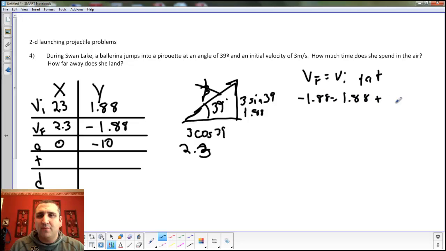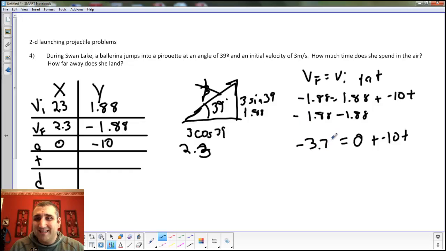We have to subtract 1.88 from both sides. So we should get 0 plus -10t on this side of the equal sign. And -1.88 minus 1.88 should actually give you -3.77. Simplify this out, I can get rid of that little 0. So you really just have -3.77 equals -10t. Now you can divide both sides by -10.